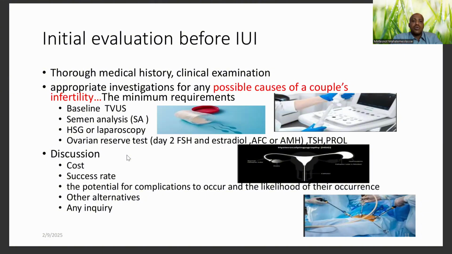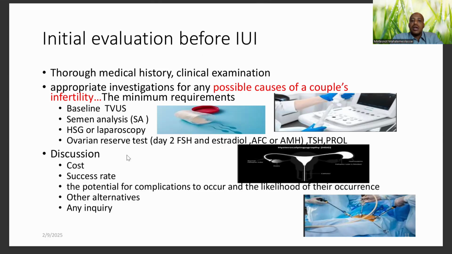The other thing is ovarian reserve testing. As I have said before, what we prefer as fertility specialists is antral follicle count and anti-Mullerian hormone as ovarian reserve tests. In low resource settings, we recommend antral follicle count because it shows you early ovarian depletion compared to FSH and estradiol.